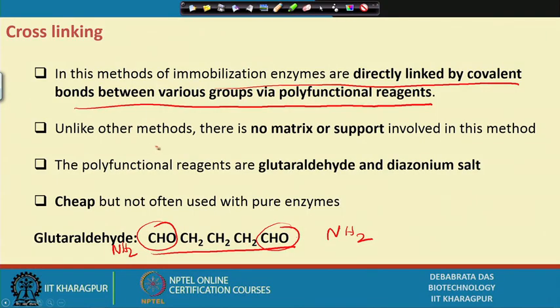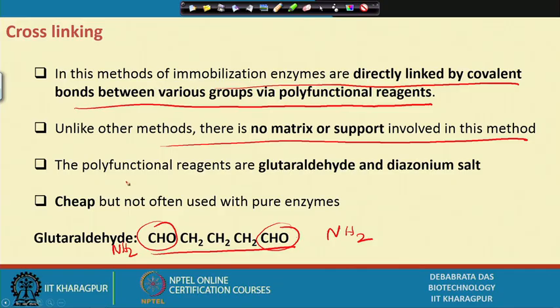Now, unlike other methods, no matrix or support is involved in this method, so it may be done in the presence of matrix, or it may be done without the presence of matrix. The polyfunctional reagents are glutaraldehyde and diazonium salt, which are cheap but not often used for pure enzymes.